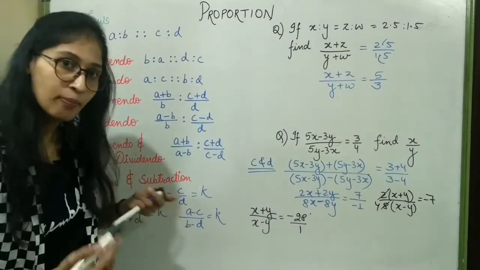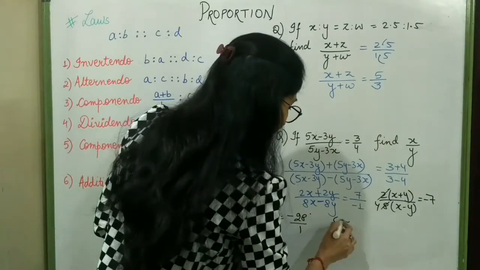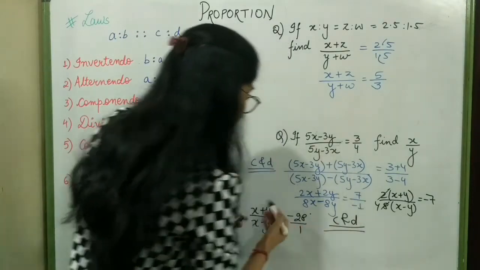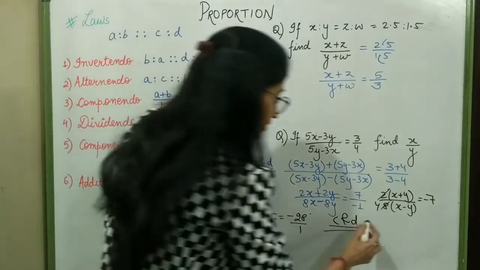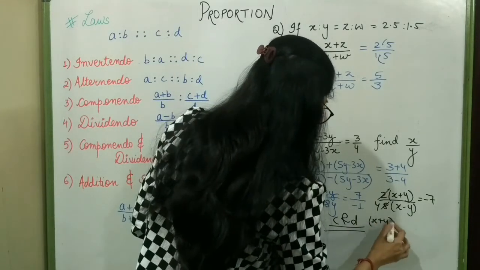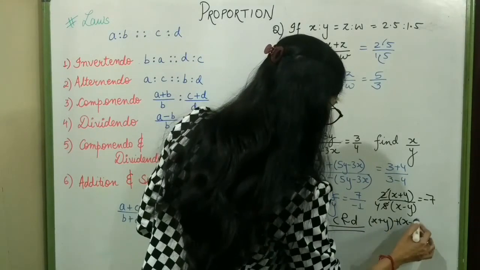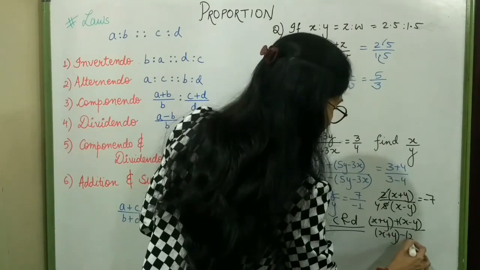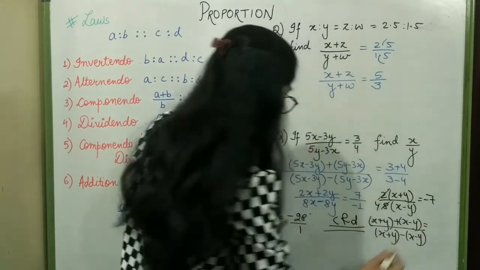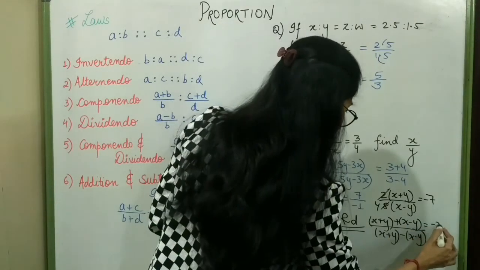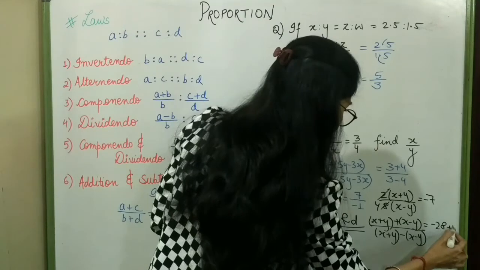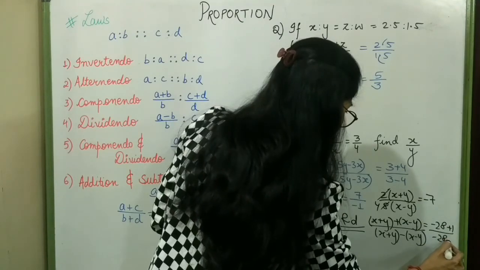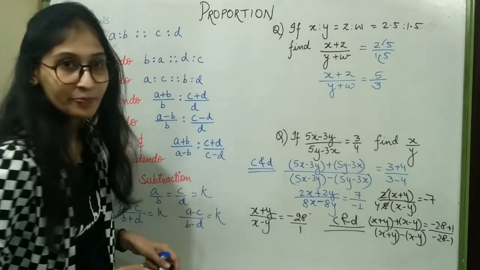Now again apply componendo and dividendo. If I apply componendo and dividendo again on this, it will become x plus y plus x minus y upon x plus y minus x minus y is equal to minus 28 plus 1 upon minus 28 minus 1.